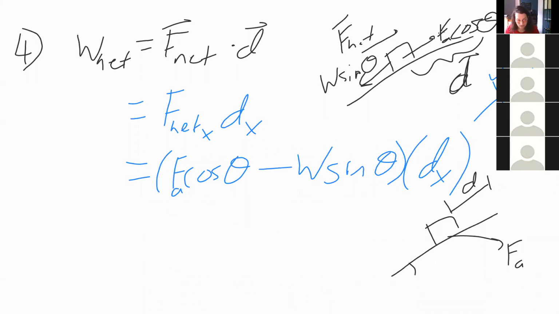The weight is perpendicular to the ground, which means that, yes, Lauren, if this is the angle theta, then the component of the applied force parallel to the incline uses the same theta there. So it's adjacent, so that'll be cosine, which is why this is Fa cosine theta. And then the weight parallel to the incline is always sine theta, always.